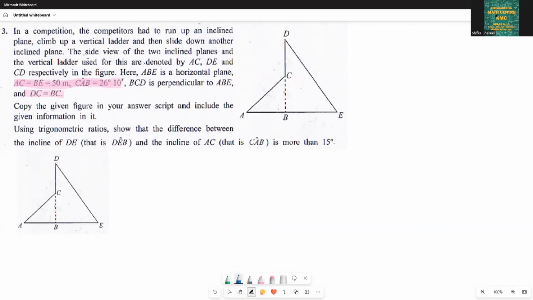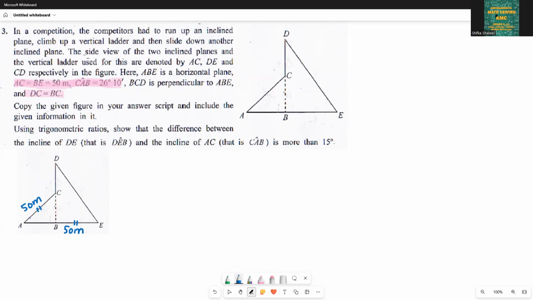So AC and BE equal 50 meters, sorry, not centimeters. AC equals BE, that is equal to 50 meters. This also 50 meters. Here this part also 50 meters. CAB equals 26 degrees 10 minutes.